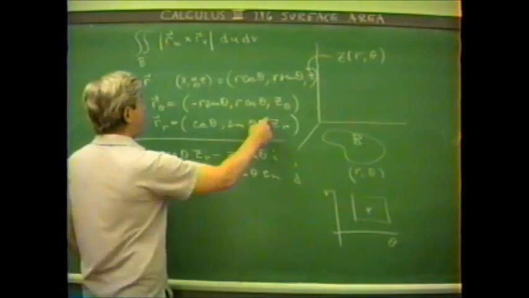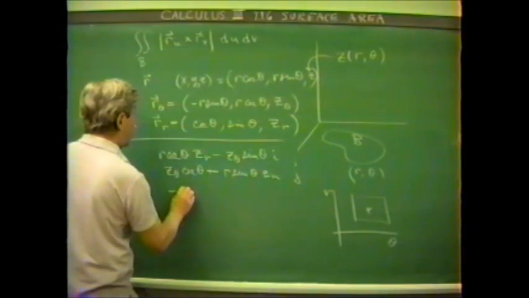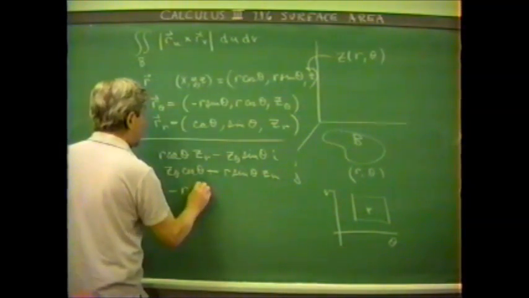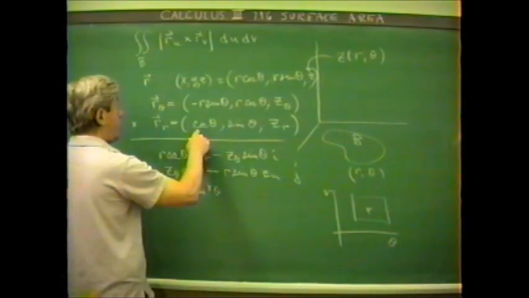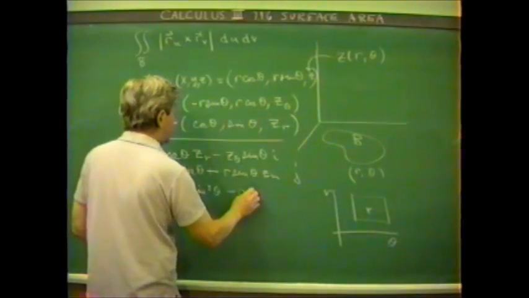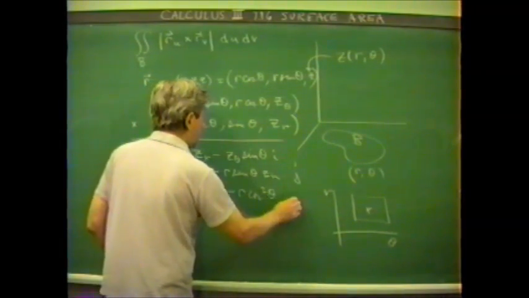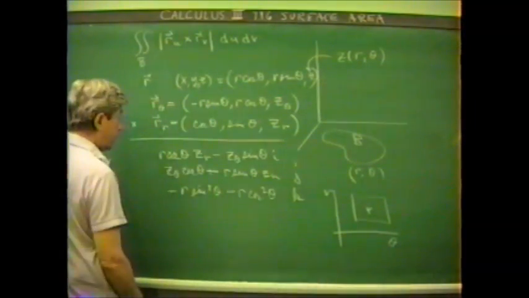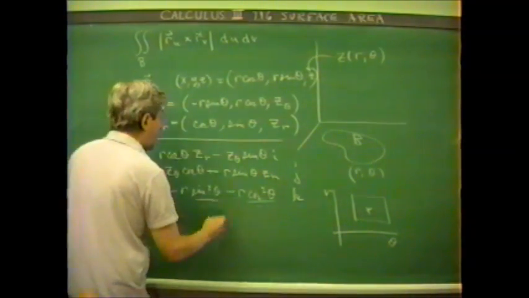And for the k component of the cross product, we're going to get minus r sine squared theta minus r cosine squared theta. Here we've got sine squared plus cosine squared, so this is essentially minus r.